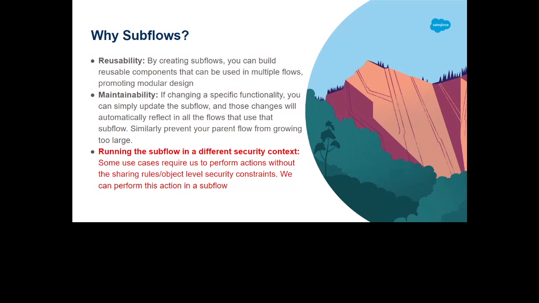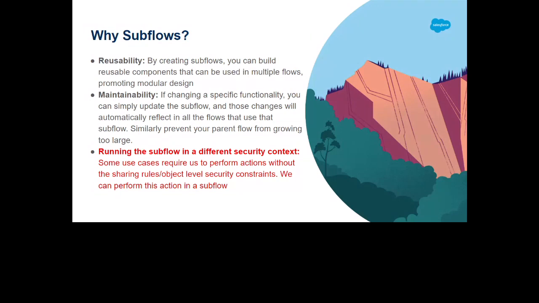And the third, and this is what we're going to be exploring today in the use case that I'll be demoing shortly, is running the subflow in system mode, right? So record triggered flows run with the triggering user's sharing and object level security.